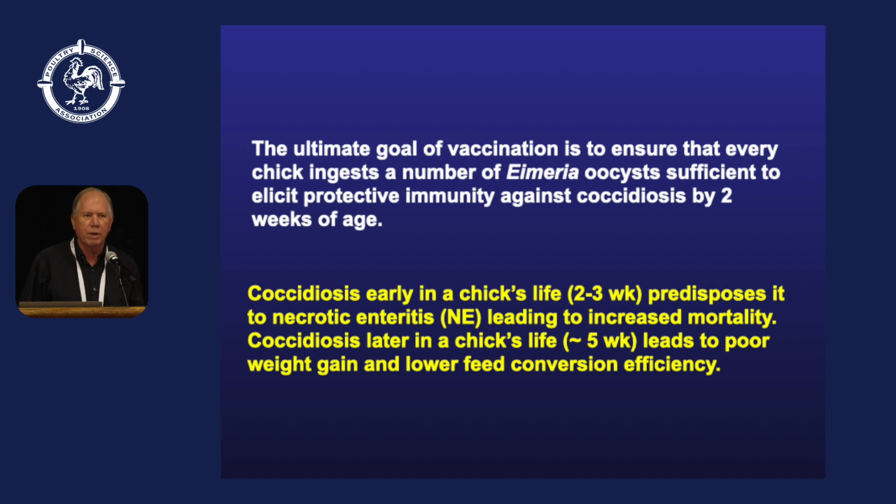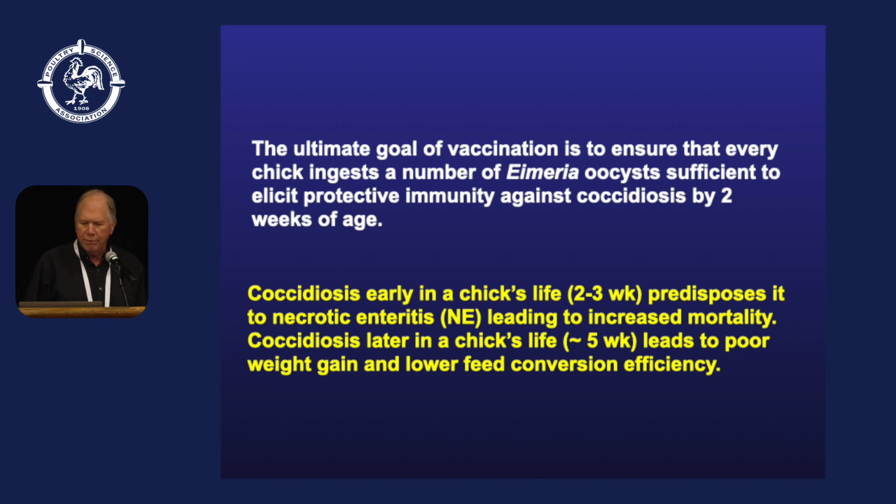I think it's too random, in my opinion, to assume that boosting effect by chicks that have not gotten vaccine would actually be protected, because chances are they're going to come down, depending on how many oocysts they've ingested, will come down with acute coccidiosis and necrotic enteritis early in life. So my goal and the goal that I have for my research is we got to develop ways that gets every chick, or virtually every chick, immunized before it's placed on feed.